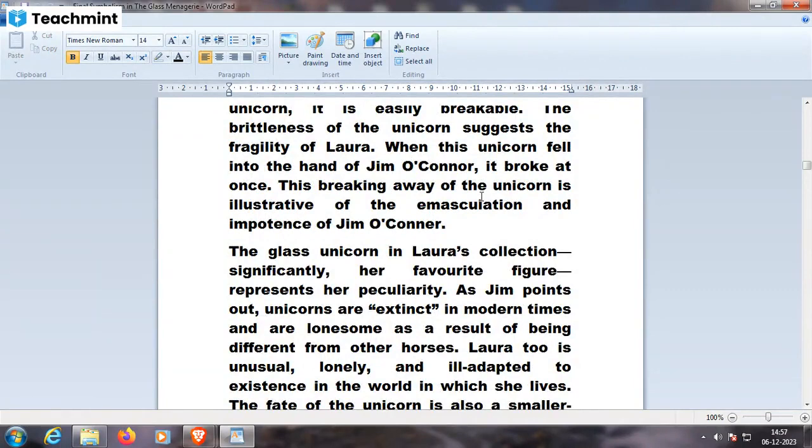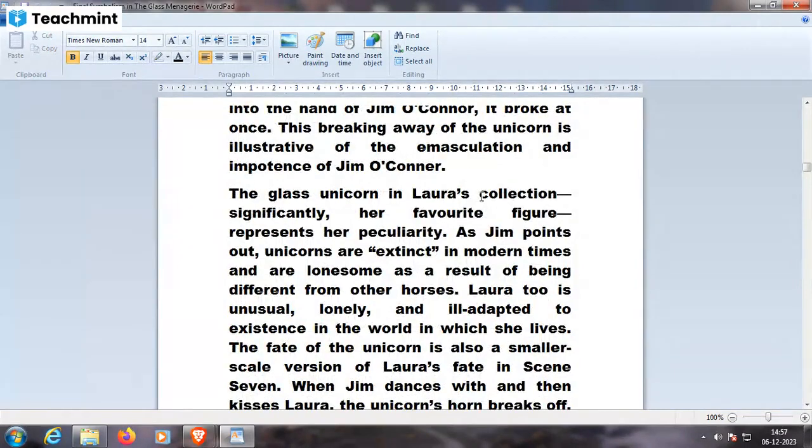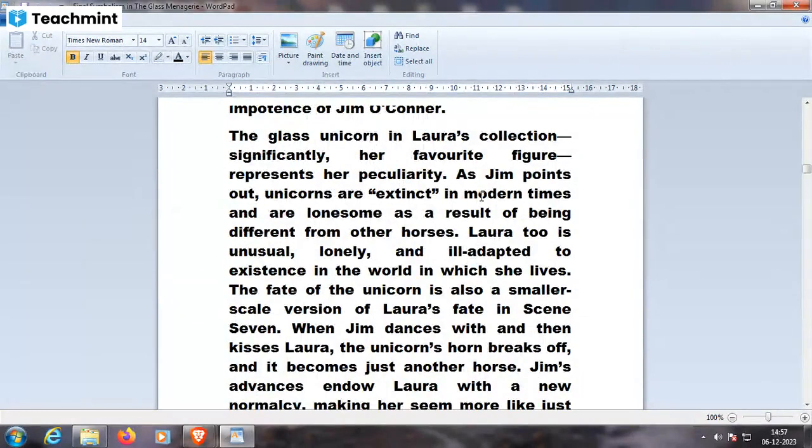The fate of the unicorn is also a smaller scale version of Laura's fate in scene 7. So when Jim dances with and then kisses Laura, the unicorn's horn breaks off and it becomes just another horse, like the horses we see around us.